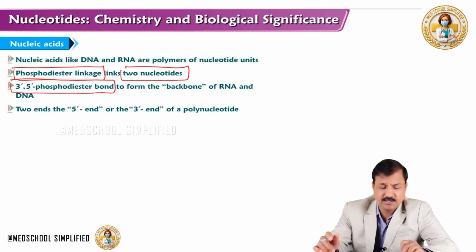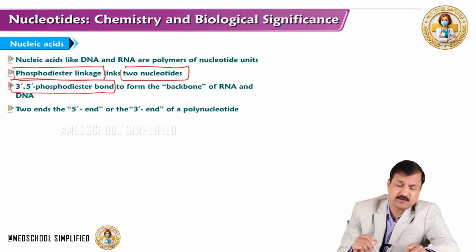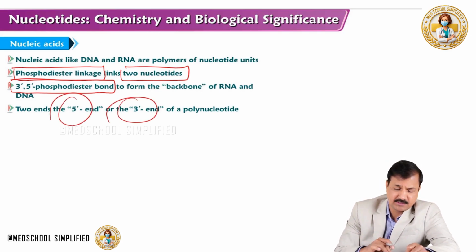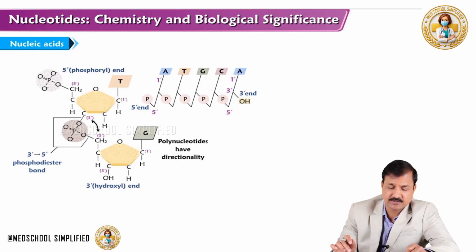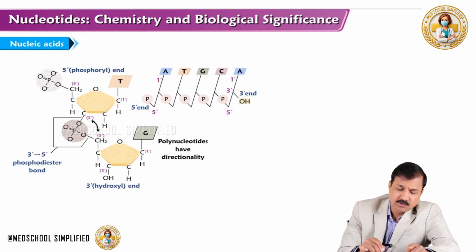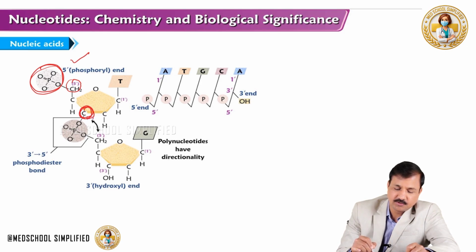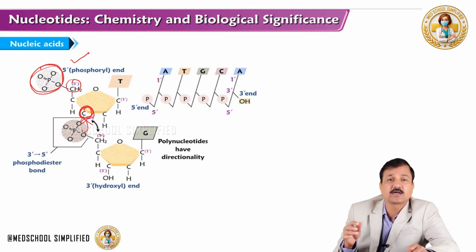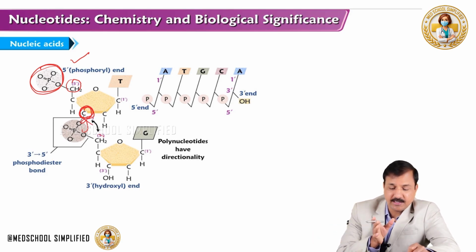Because of this 3',5' phosphodiester bond formation, you are going to see two ends in a nucleic acid: one is the 5' end, the other is the 3' end. That is shown in this figure. This is the 5' carbon, and the phosphate attached is the 5' phosphoryl end. Then the 3' carbon of this ribose sugar has a hydroxyl group, and that hydroxyl group is attached to the phosphate present in the incoming nucleotide.